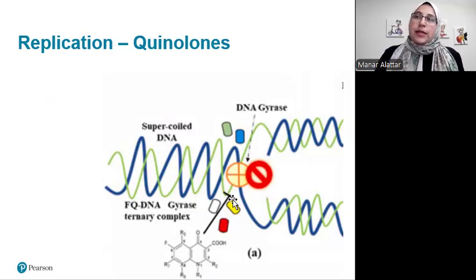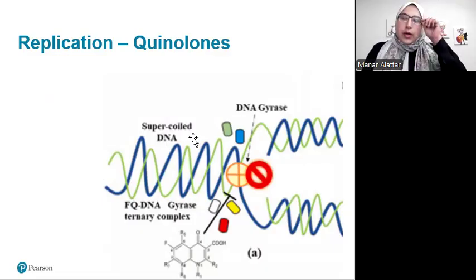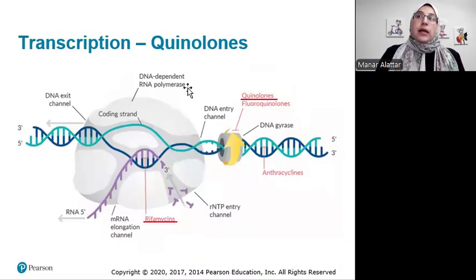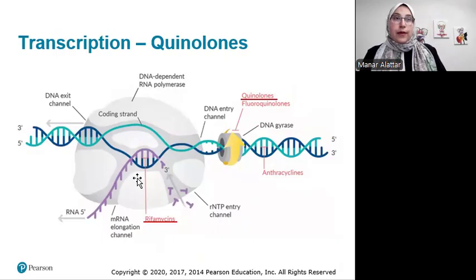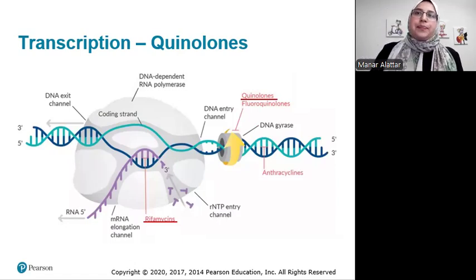If you inhibit the DNA gyrase with a quinolone, it prevents that pathogen from continuing to replicate its DNA and reproduce. But it can also inhibit transcription, the production of mRNA off of DNA templates. So quinolone inhibits both processes, and the pathogen is not able to produce DNA or mRNA.